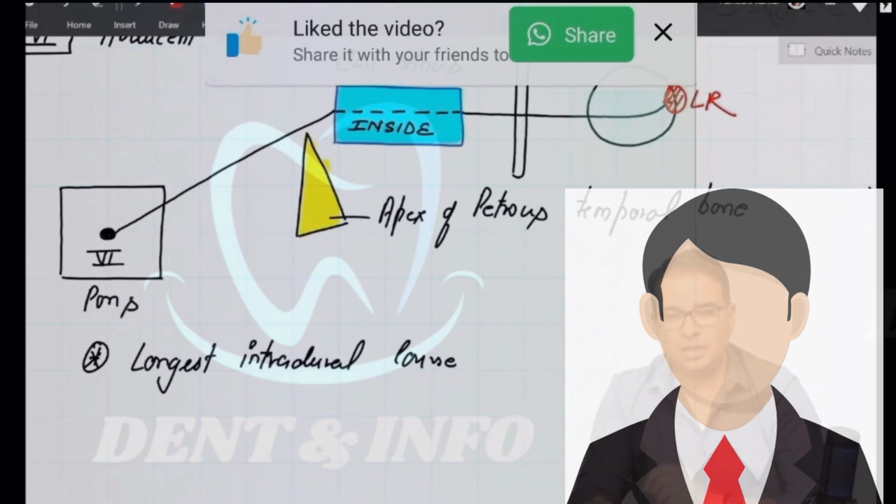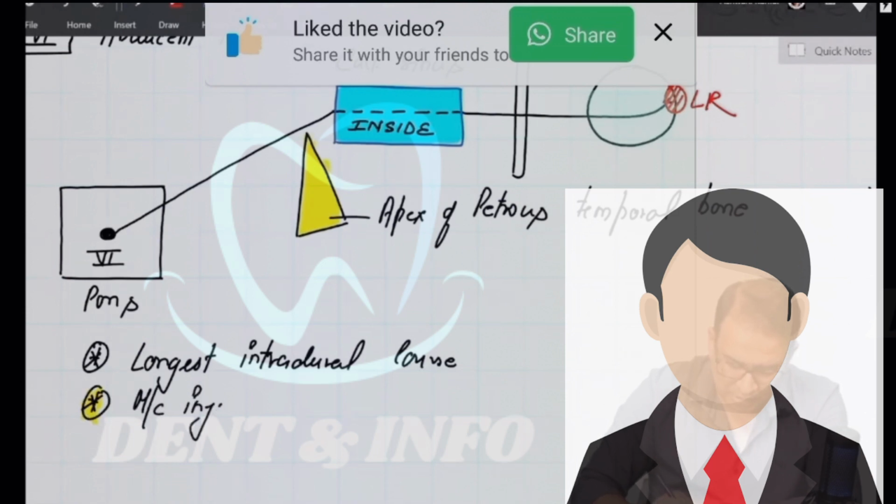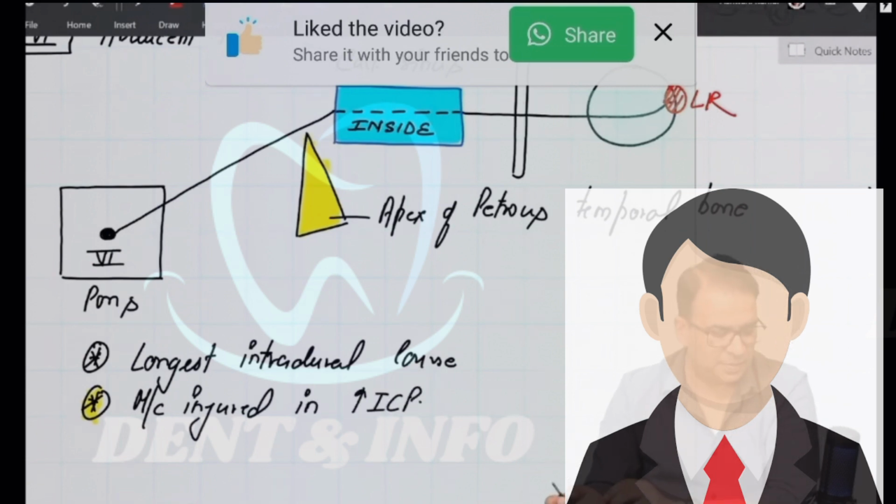So that is a question here. They can ask you which nerve is most commonly injured in increased intracranial pressure? And the answer is sixth nerve. So sixth nerve or the abducens nerve is most commonly injured in increased ICP, in increased intracranial pressure.